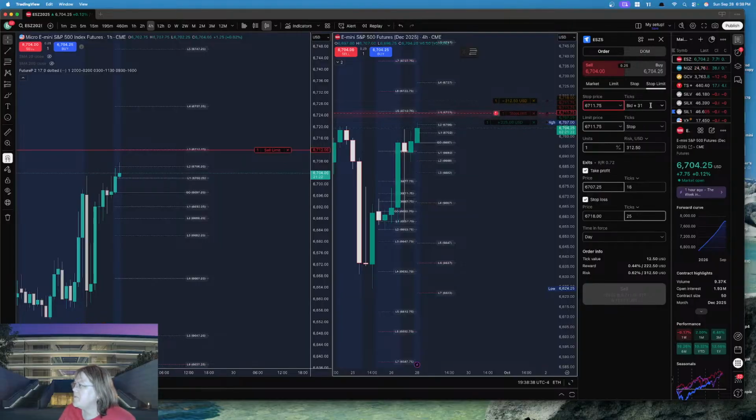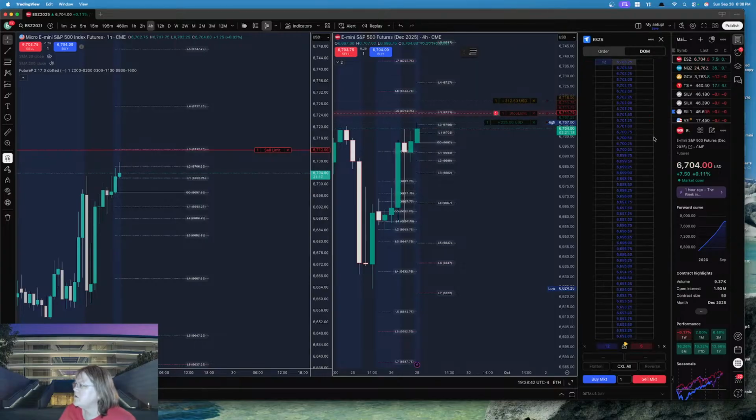I don't want to do the bid plus. I don't know why that's doing that. Why is it not just allowing me to do it? Okay, well, it's in there on the DOM, so I'm just going to leave it like that. I don't know how to set up the brackets on TradingView. I'm probably going to have to look at that.